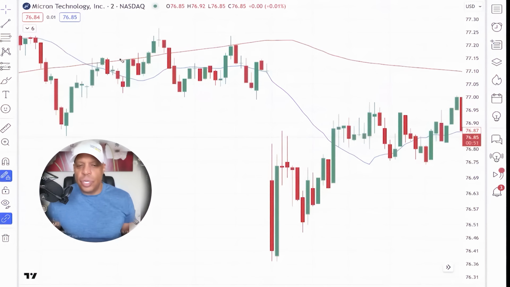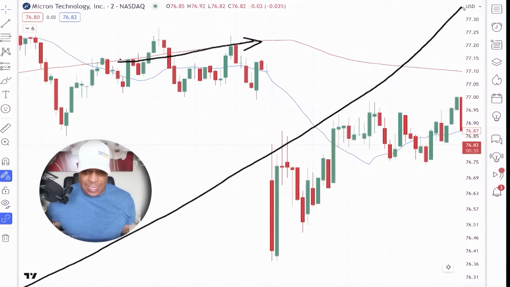How do you determine when your moving averages are flattish? Because I started seeing traders call it, Oliver, I don't like this because my 200 is slanted. No, dude, that's flat. It's slanted if it's 45 or deeper. This is flat, guys. All right, this is flat.